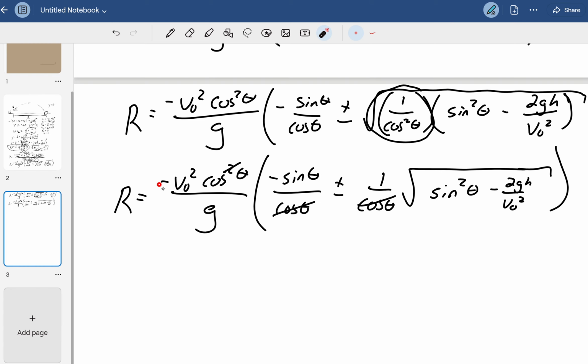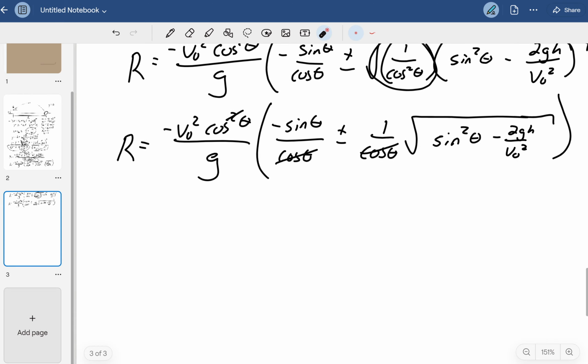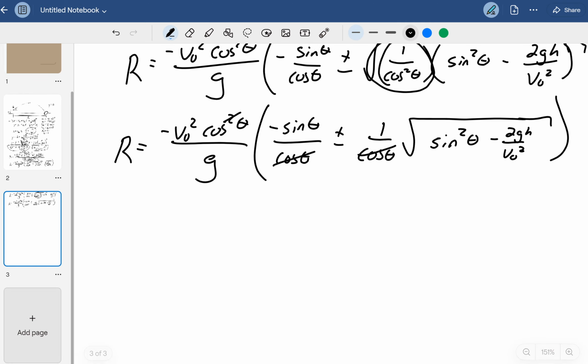When I distribute this negative sign to here, that's obviously going to turn positive. But if I distribute a negative sign to this, remember the plus or minus really means there's 2 roots of this. So if I multiply a negative by this, I'll get minus plus, but that's the same thing. It really doesn't matter. It's still just telling us, again, there's 2 roots. So I'll just distribute that negative sign, and then I'll get our final version of the range equation in its full glory.